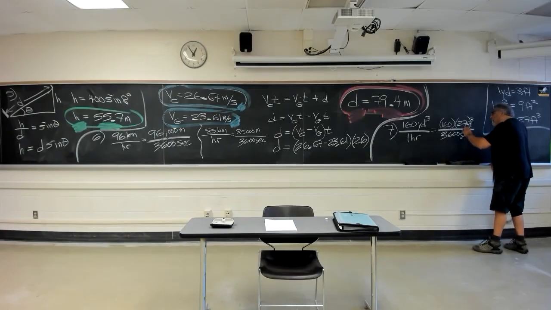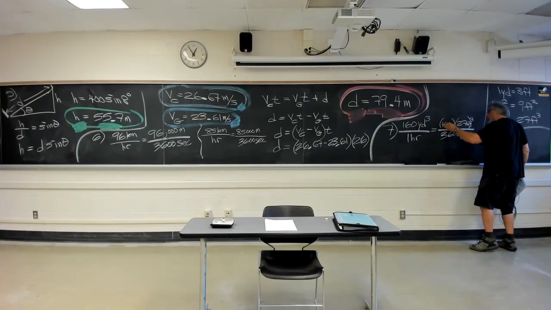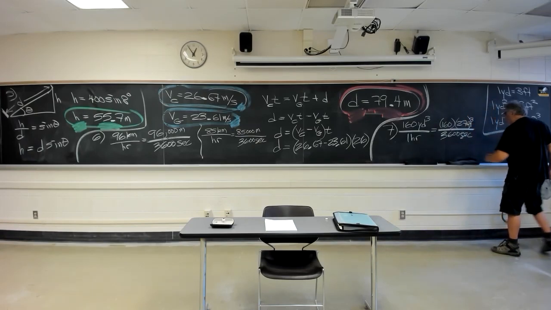So 4 times 40 times 3, 4 times 40 is the 160. The 9 cancels into here, you got 400. The 40 and the 400 cancel, you got 10 down here. You've got 4 times 3, that's 12 over 10.